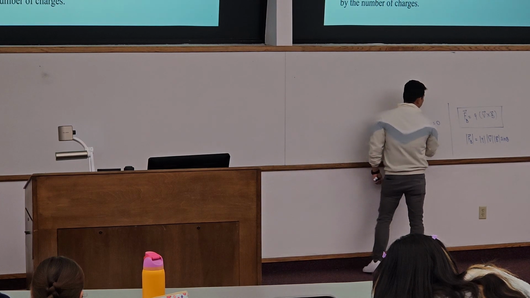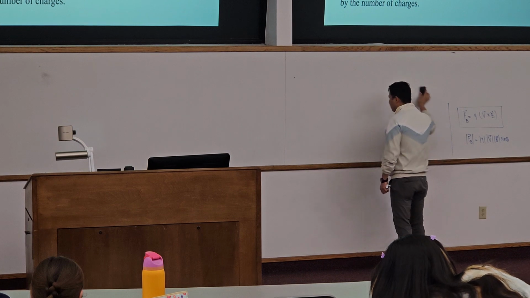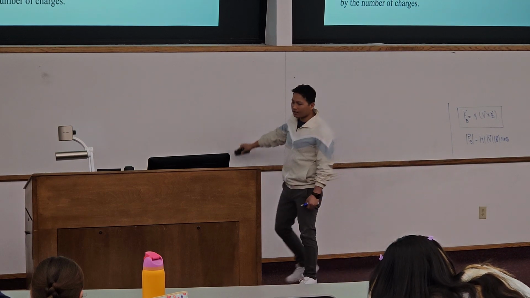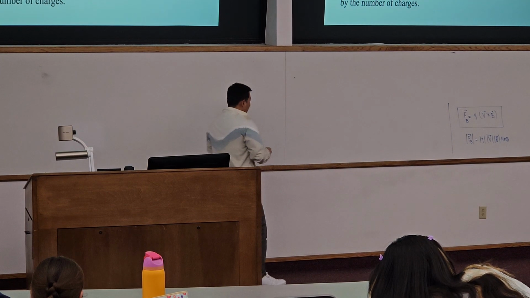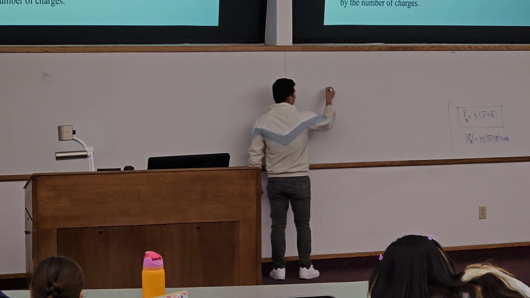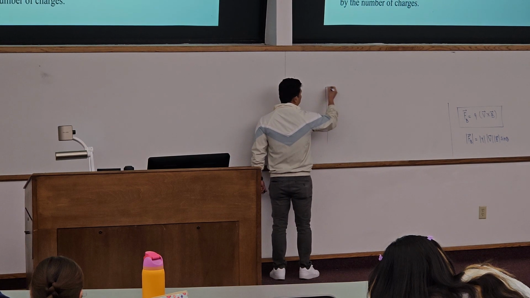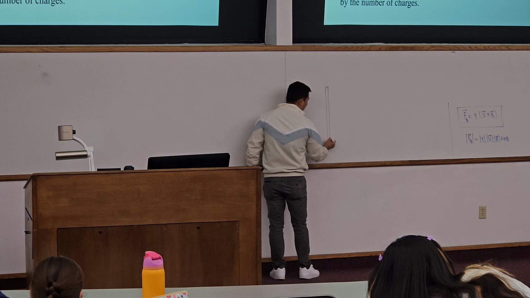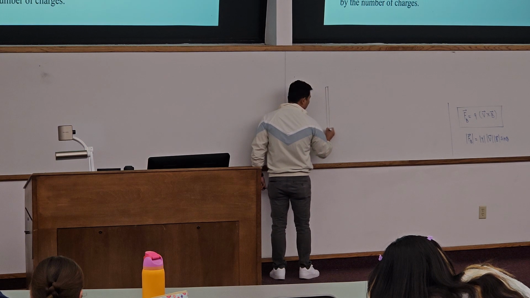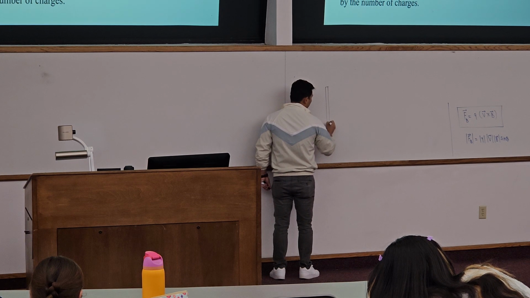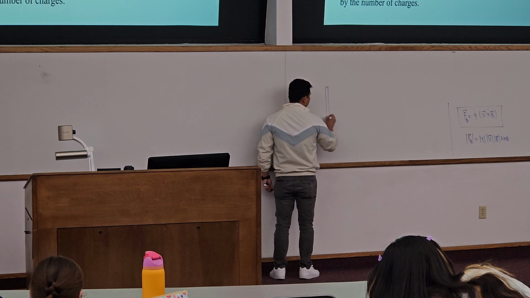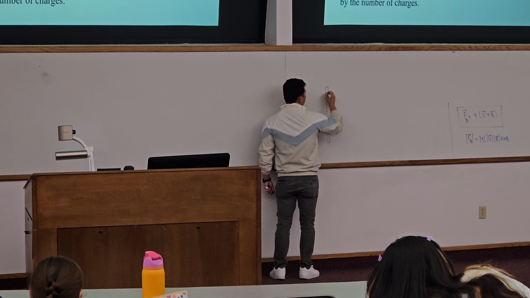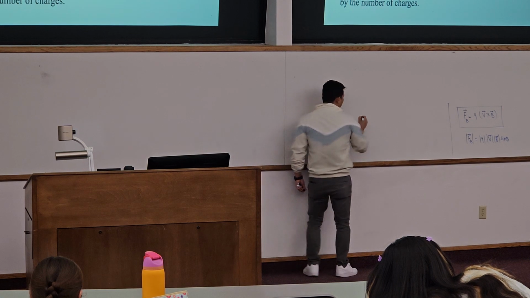But if you have a current carrying wire, that means you have a large number of charged particles, either electron or proton, or holes, flowing through the wire, and that is the current.